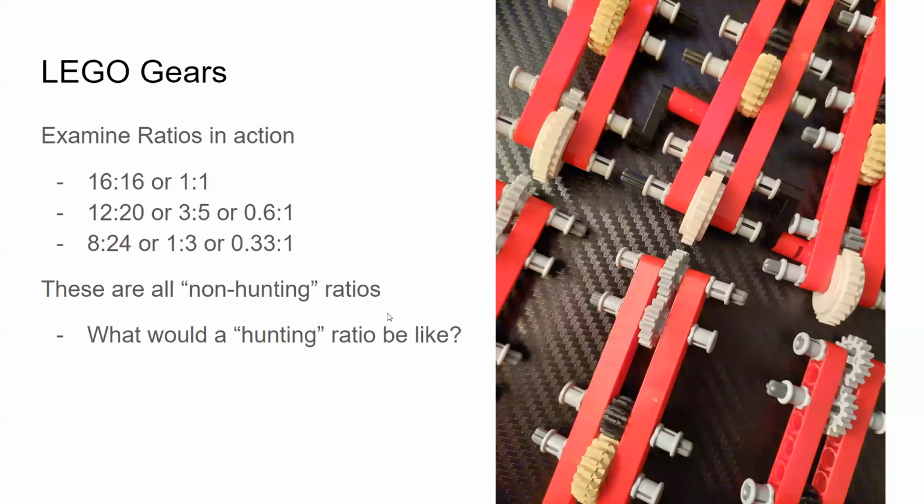All right, the Lego gears. I had these in the classroom. I passed them around a little bit, but I can talk to them a little bit right here. So these gray gears here, each one of these gears has 16 teeth on it. And I had these crank handles right here, a little red handle, a little black crank arm.